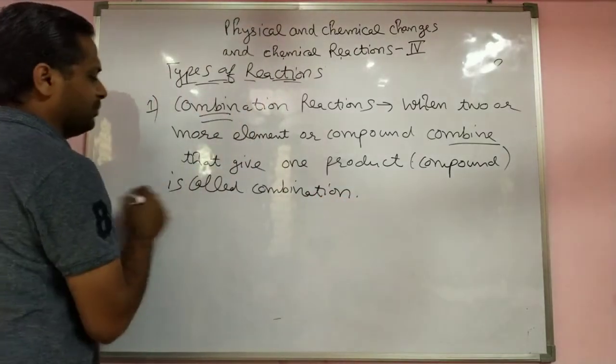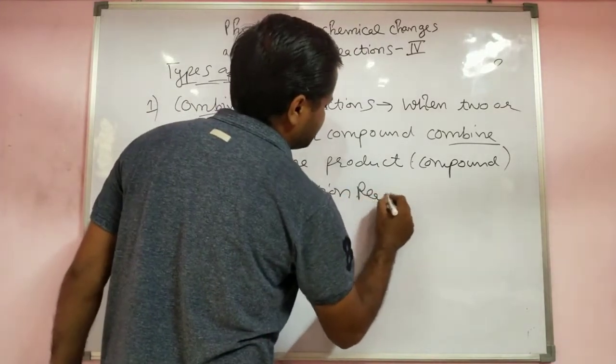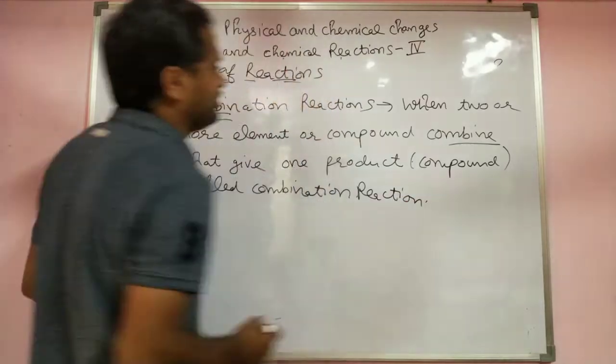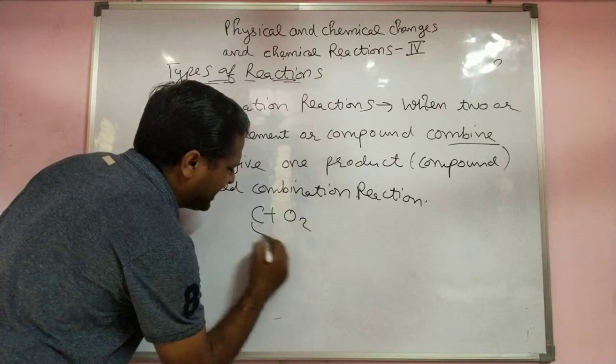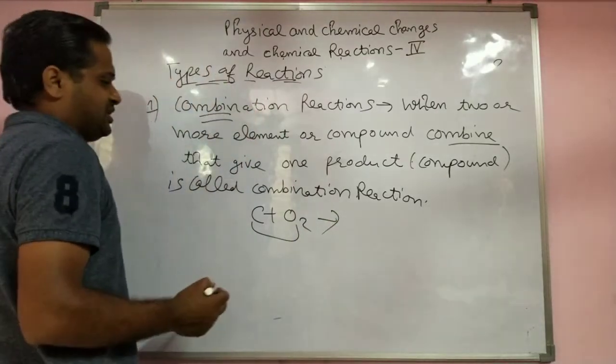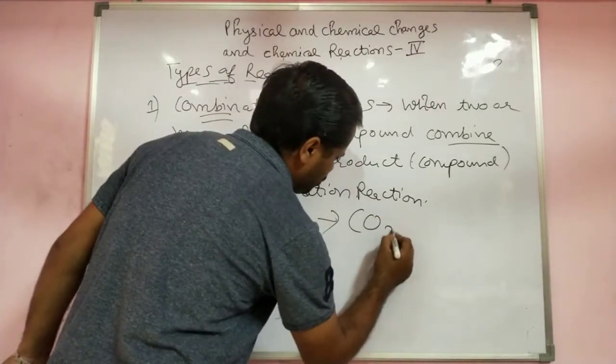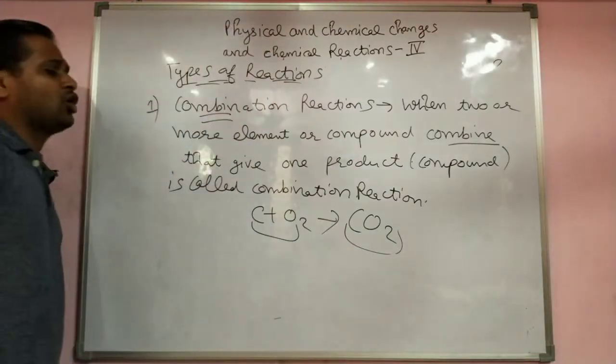Combine means combination. Very easy: combination, combine. For example, C plus O2: here two reactants combine with each other and form CO2, one product only. That is called a combination reaction.